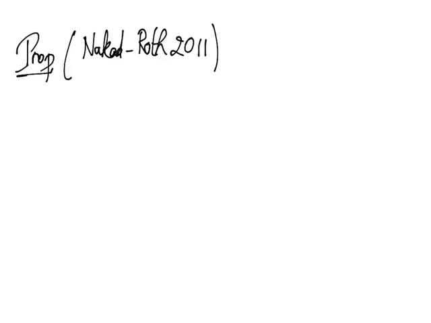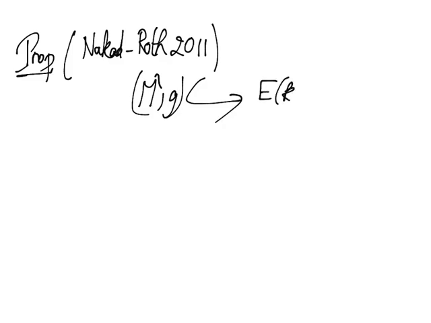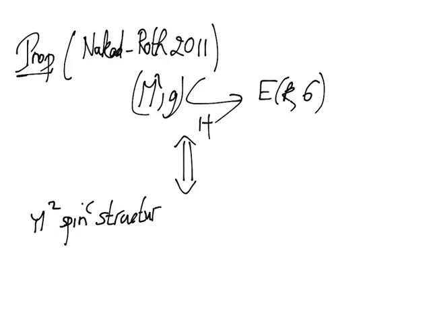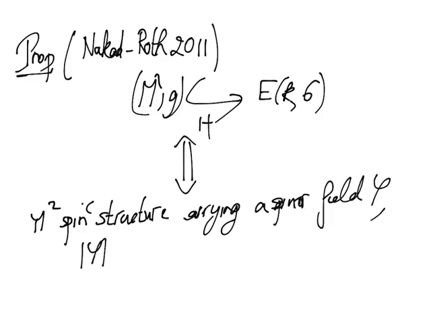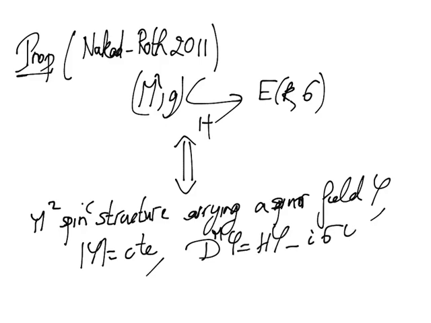You have a surface M2 isometrically immersed in E(kappa, tau) of mean curvature H. This is spinorially characterized by having on M2 a spin-C structure carrying a spinor field phi of constant norm satisfying a Dirac type equation given by D_M phi = H phi - i tau phi bar.